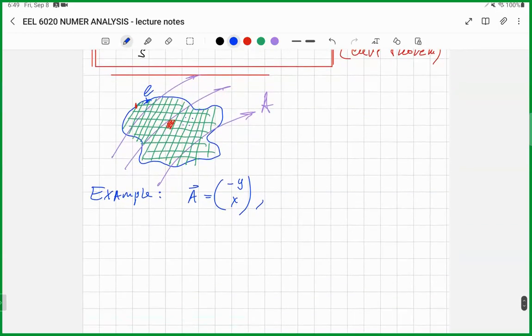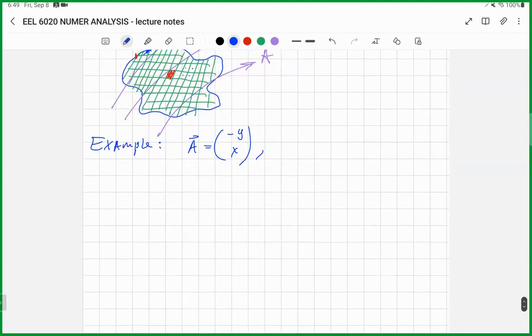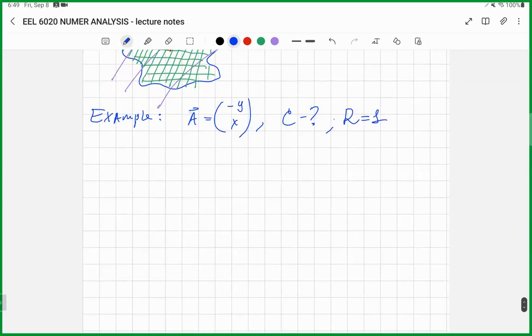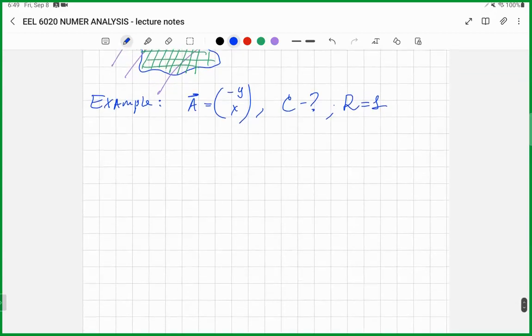Okay, so the example is here. Let us find the circulation for this field over the circular path of radius 1. It's a typical setup for a problem like this.